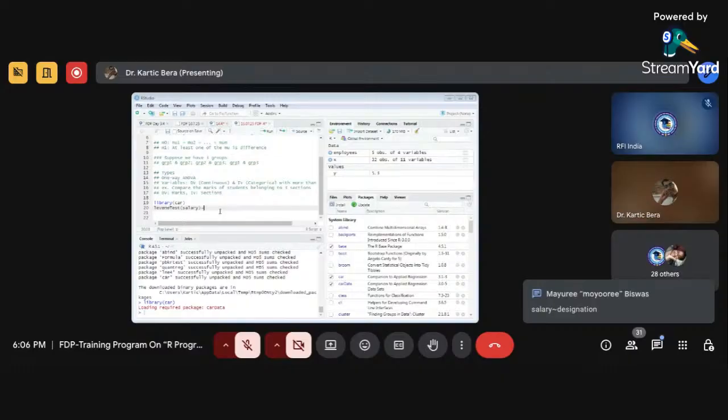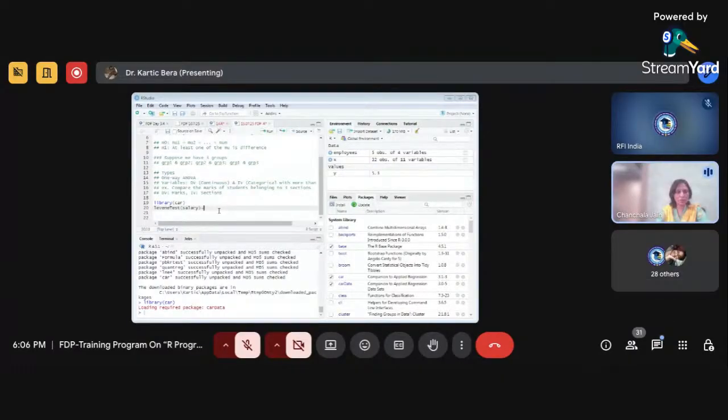Sir, remove the bracket. This symbol should come inside the bracket. Yeah, after this type designation and then close the bracket. Type designation after the symbol, sir. Before the closing bracket, type designation.